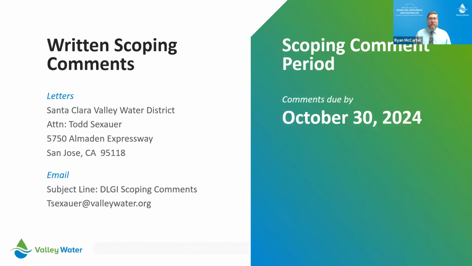And as Lisa mentioned, the comments can be sent either by letter or email, but we really would like to have these in writing so that we can properly include them in the draft EIR, and then also in the final EIR. So that's the process, and the scoping comment period ends on October 30th of this month.